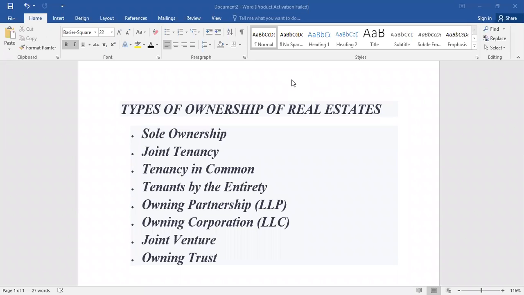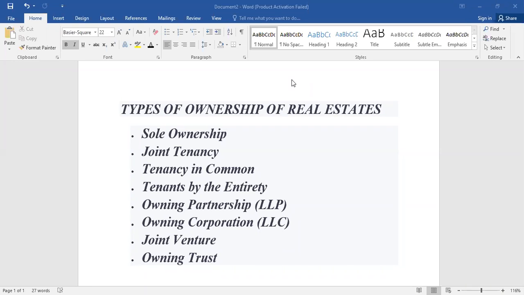And if we look at where they meet, if you are asked what is the difference now between the tenancy in common and the joint tenancy. At a glance, they look similar, isn't it? But they differ in some ways.